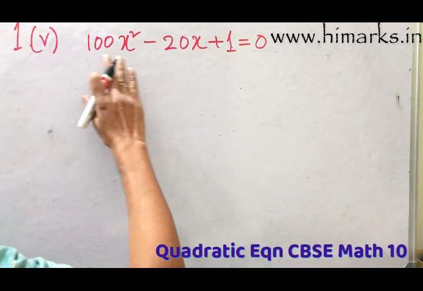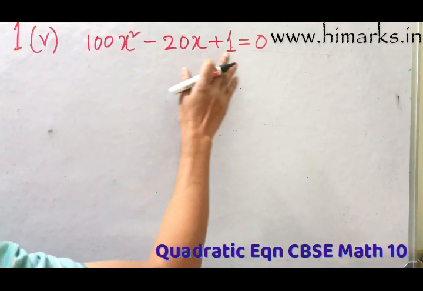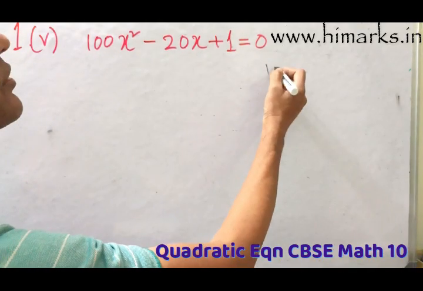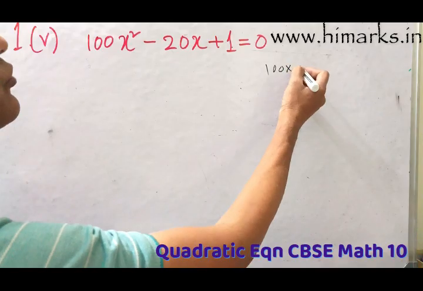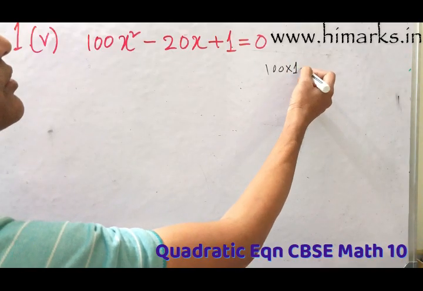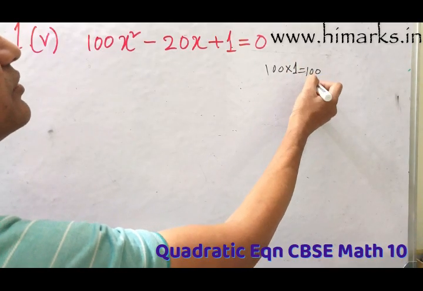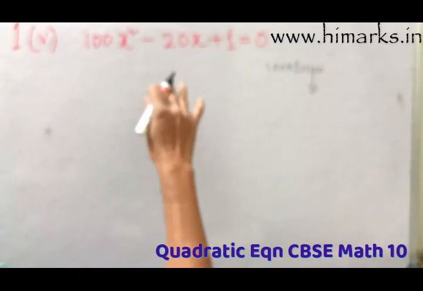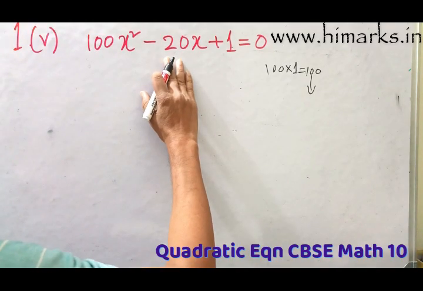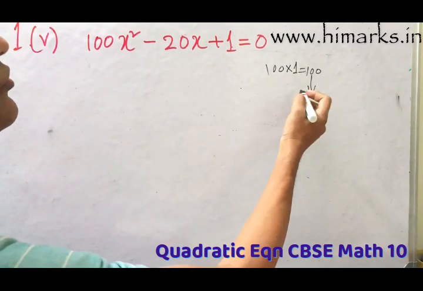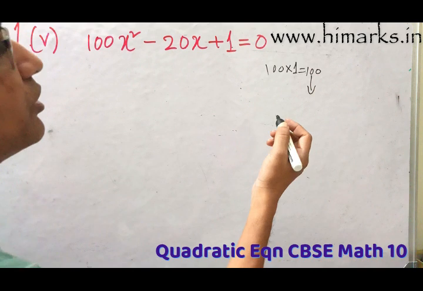First thing to be checked is the first coefficient and the last. So 100 into 1 is 100. This 100 is to be broken in such a way that we should be able to get minus 20. So 100 can be broken into many parts.